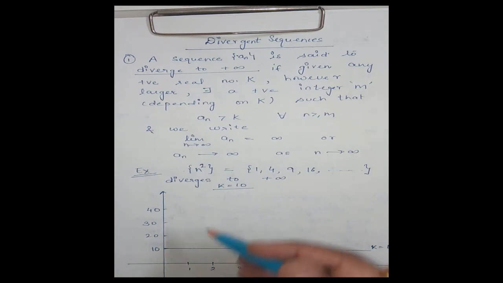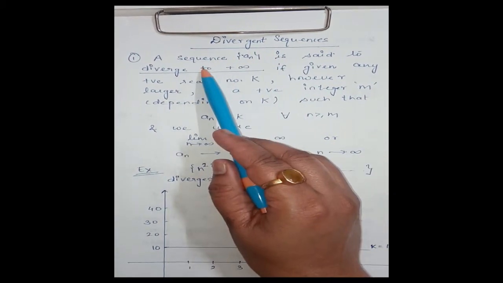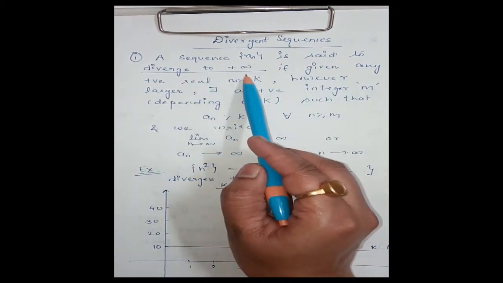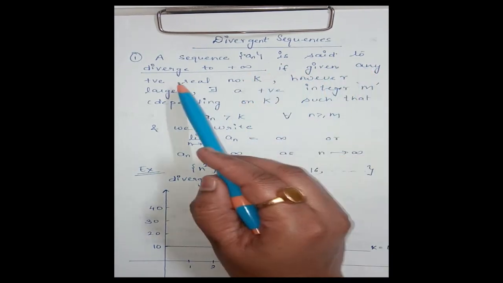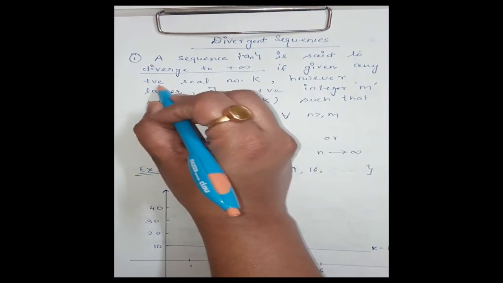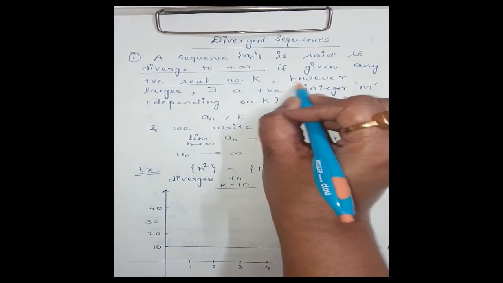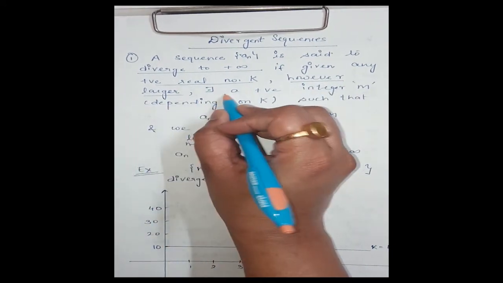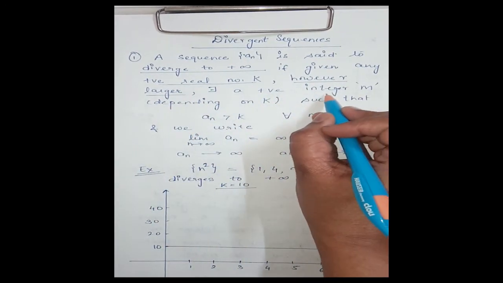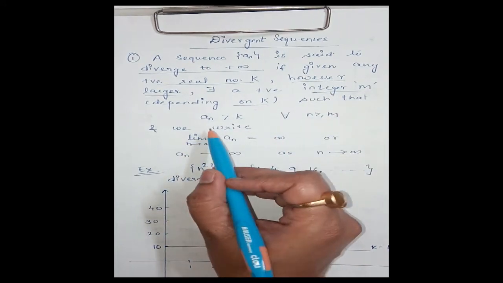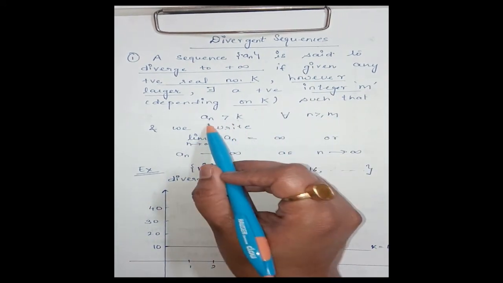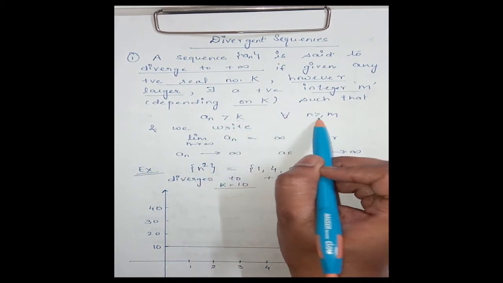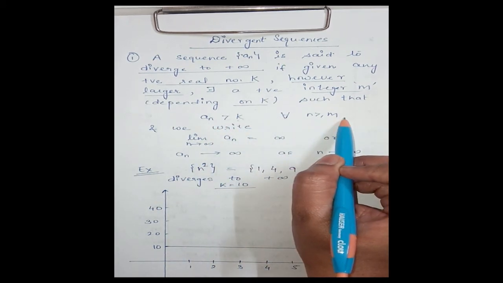Now next is divergent sequences. A sequence a_n is said to diverge to plus infinity if, given any positive real number k, however large, there exists a positive integer m which depends on k such that a_n is greater than k for all n greater than or equal to m.